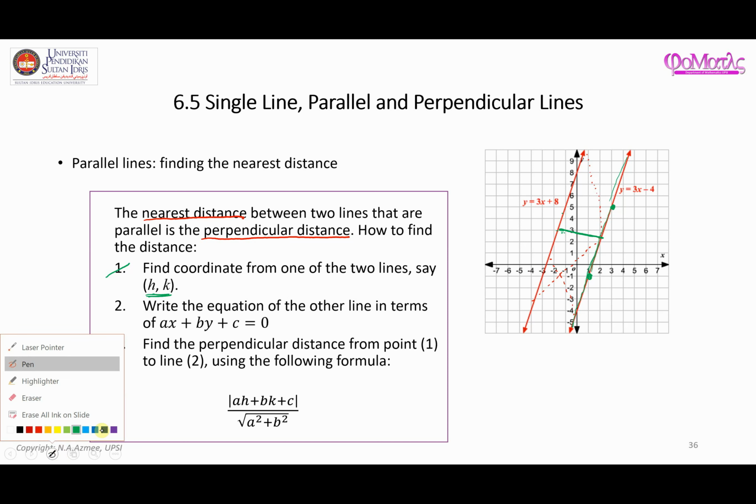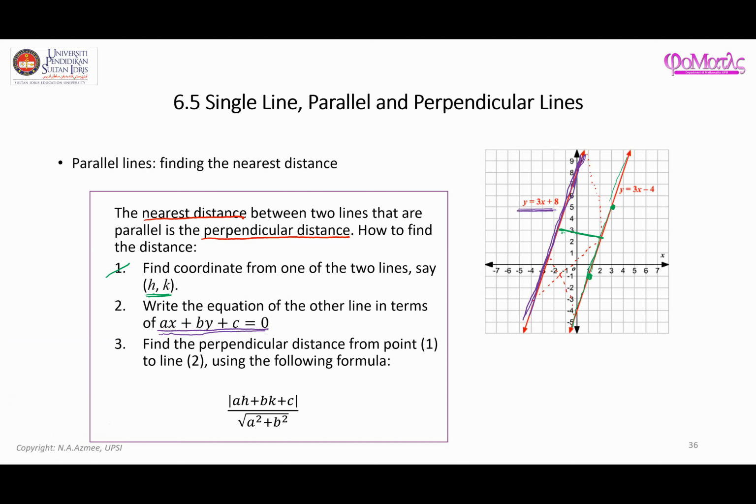Now the second step is you choose the other line, and you have to rewrite its equation so that it is in the form of ax plus by plus c equals 0. For example, in this line, the equation is y equals 3x plus 8.